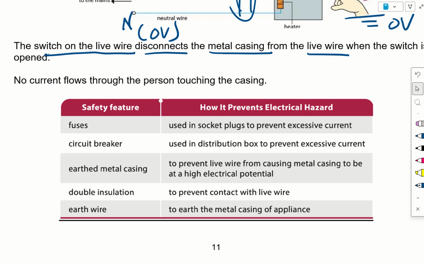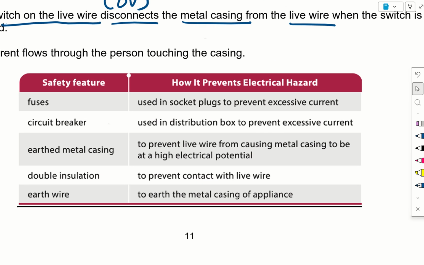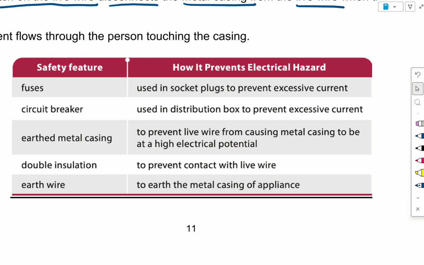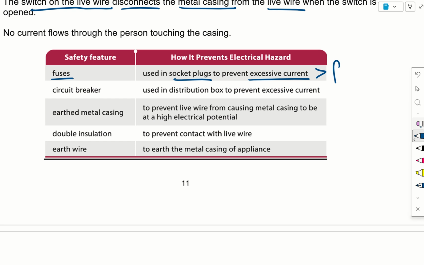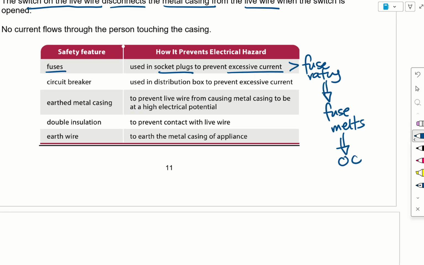Okay, so far we have done a few safety features. Let's do some recap, okay, or summary here. First one is the fuse. It's used in the socket plugs to prevent excessive current, because if you recall, if there is excessive current and it exceeds the fuse rating, right, the fuse melts, and then this creates an open circuit, right, and this will disconnect the appliances from the high voltage.